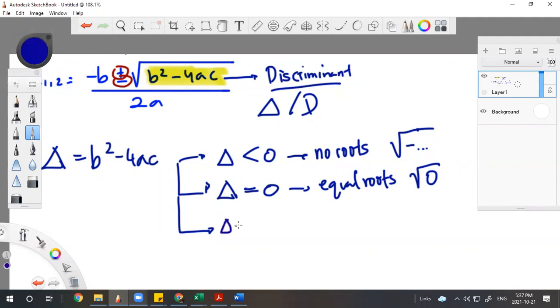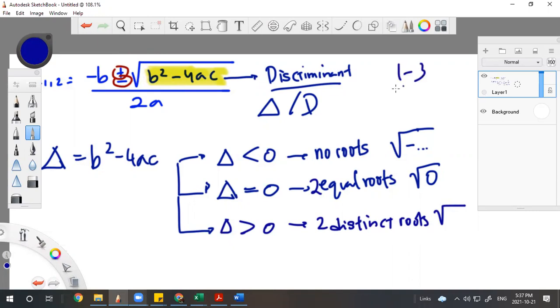How about when D is more than 0, or positive? Then we have two distinct roots. Why? Because they will change. That's a game changer. For example, the square root of 9 is 3, so plus 3 and minus 3 produce different answers, for example 1 minus 3 and 1 plus 3.